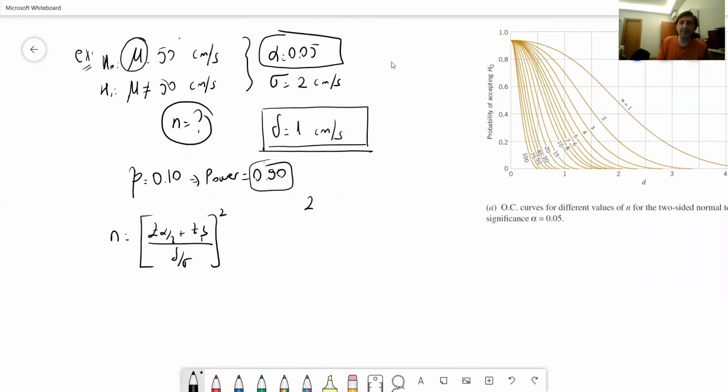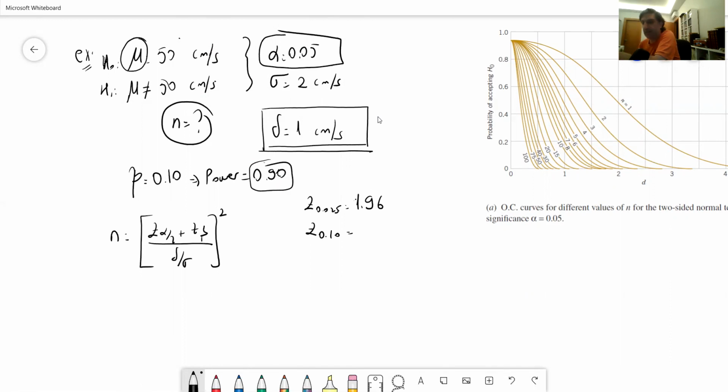So Z alpha over 2, alpha being 0.05 since it is a two-sided hypothesis, is 1.96, and Z beta, with beta equal to 0.10 here, this time I'm going to use the normal distribution table and come up with the correct result.